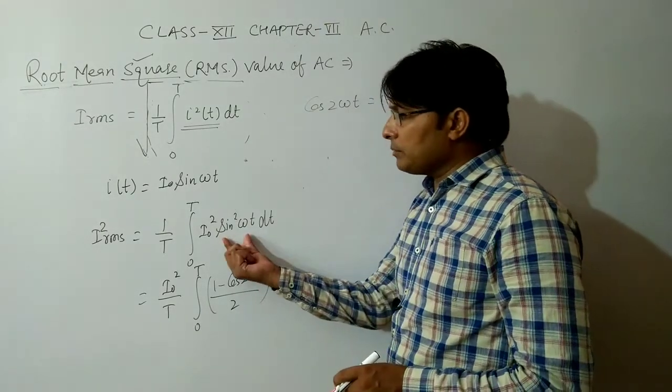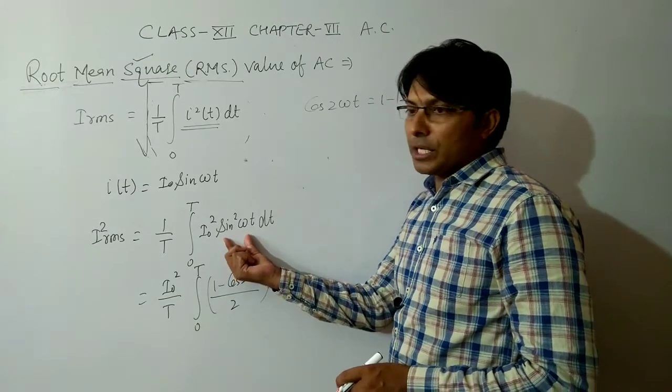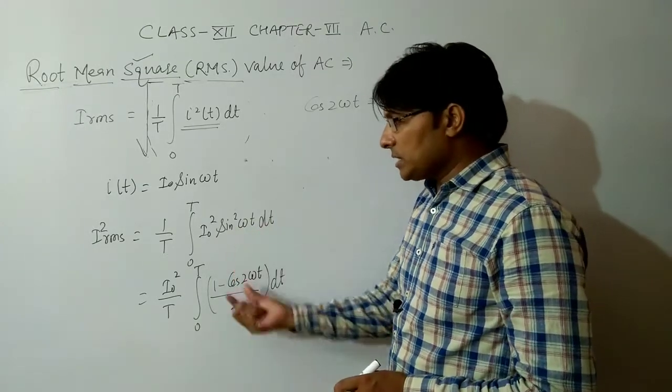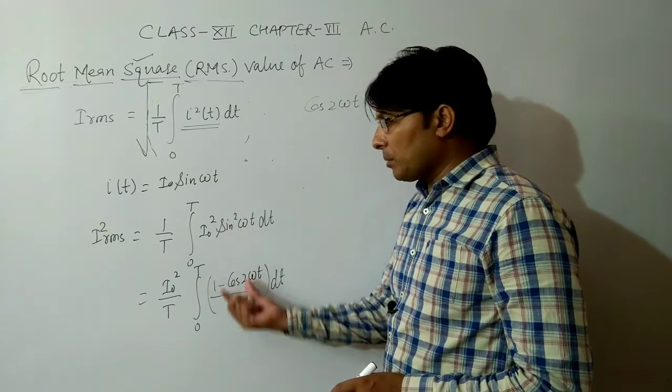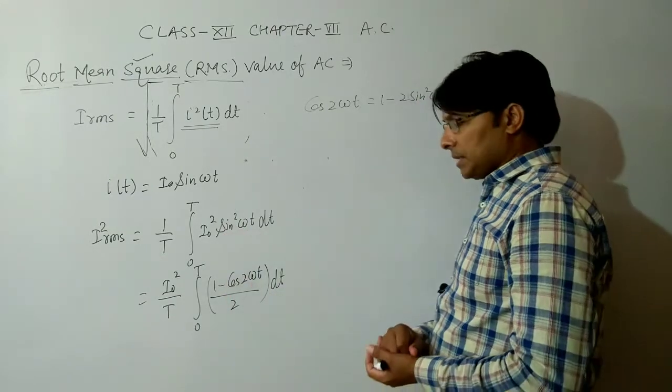Because we don't have the direct formula for the integration of sine square omega t. So that is the reason why we have converted this into cos 2 omega t.